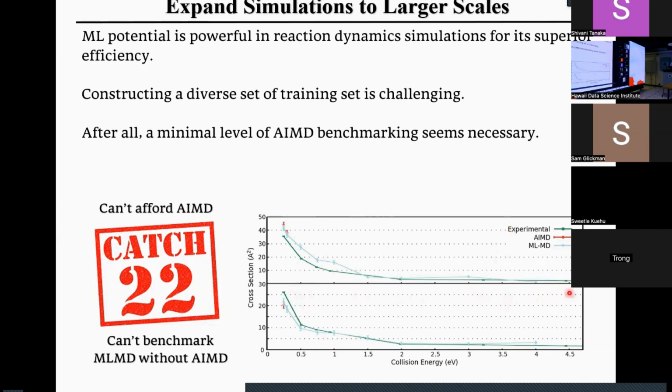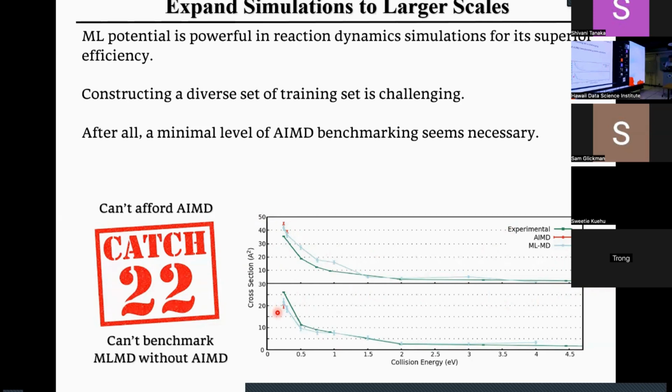Look at how many conditions there are, correct? The AIMD, which is the ground truth, as you can see, we can only afford to do this tiny region, if you can see it. There is a trace of red hidden behind these two curves. Okay, there is one red point here. But with the machine learning potential, we can actually expand it to a much larger scale, and it agrees with experiment pretty well.